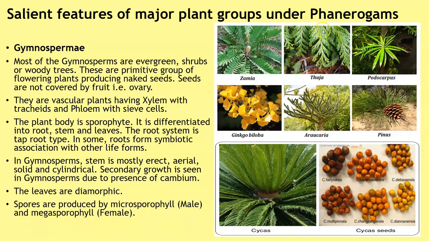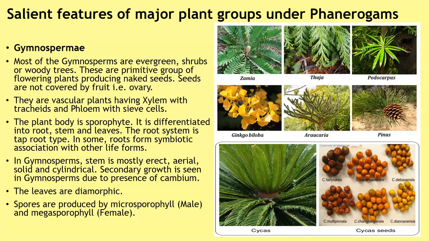Here in this picture, I have put all the possible examples of the plants that are included in the division of gymnosperms. If you look at the economic importance of gymnosperms, most of them are used as ornamental plant. Cycas is used, you must have seen cycas in the bouquet.